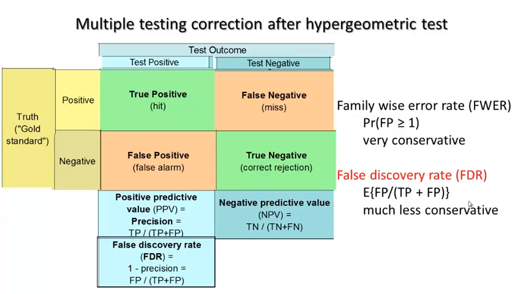A good alternative, which is widely used, is to control the overall false discovery rate, or FDR, defined as the expectation of false positives over true positives plus false positives. This is much less conservative. Kobas uses FDR correction for multiple hypothesis testing.